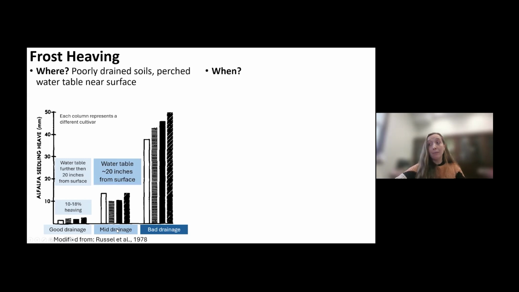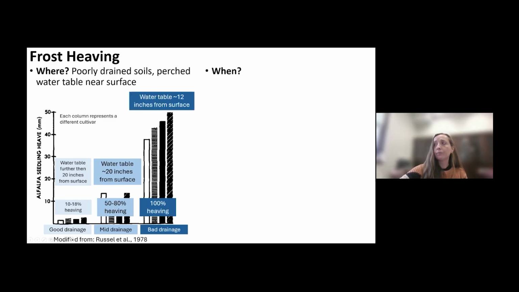At mid drainage, the water table was at around 20 inches below the surface. We can see that the plants were dislocated upwards further away compared to the good drainage soil, and it was also a bigger percentage of the stand that suffered that heaving.